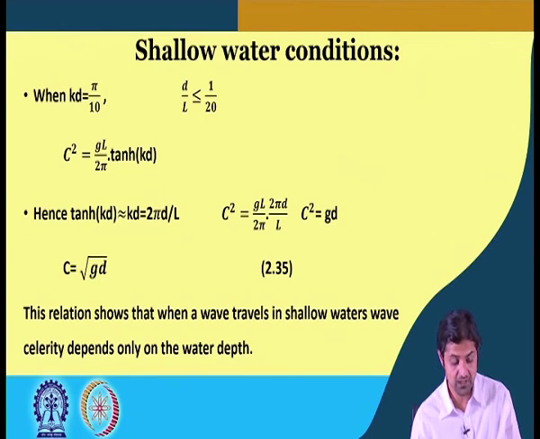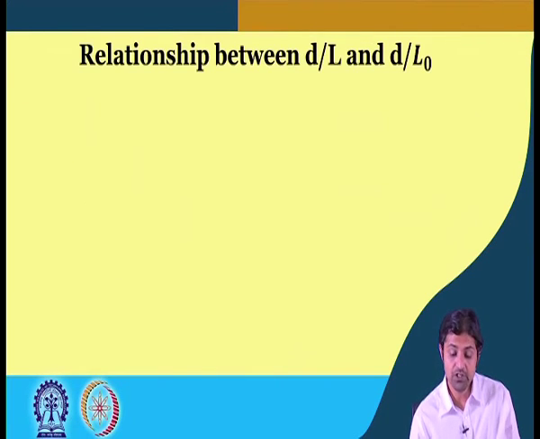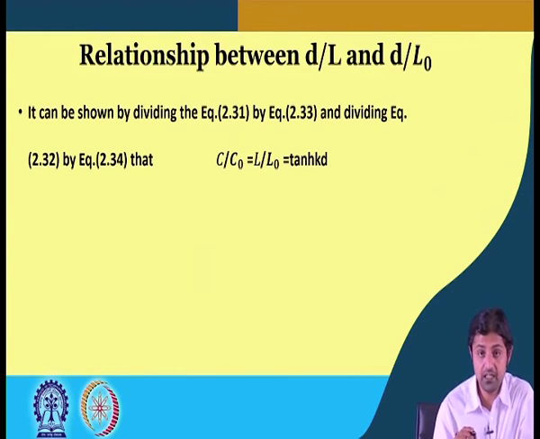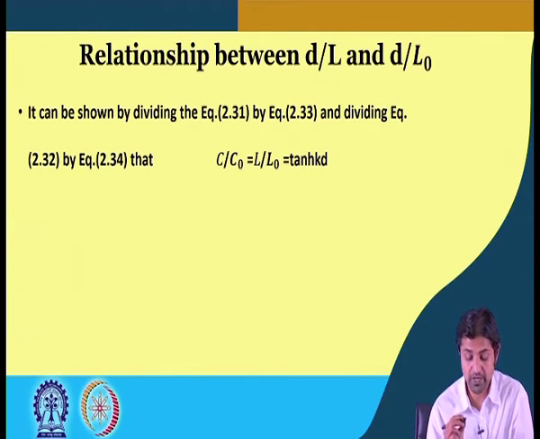So, as I said, this relationship shows that when a wave travels in shallow water, wave celerity depends only on the water depth. Now, the relationship between d by L and d by L naught. If you divide equation 2.31 by equation 2.33 and equation 2.32 by equation 2.34, we can simply get, so 2.31 and 2.32 are the equations which are for the general form. 33 and 34 were those of deep water.